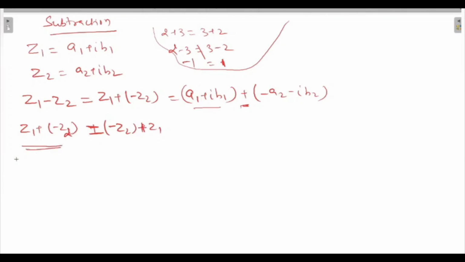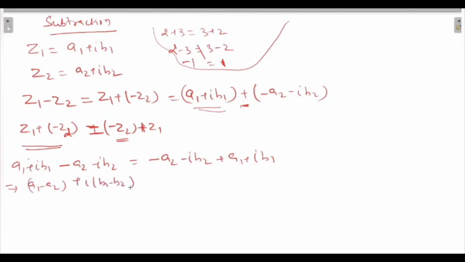If I write it, z1 plus minus z2, I have written a1 plus ib1 minus a2 minus ib2. On the other side, since minus z2 is in the beginning, I will write minus a2 minus ib2 plus a1 plus ib1. This side also it will be a1 minus a2 plus i times b1 minus b2. This side also it will be a1 minus a2 plus i times b1 minus b2.